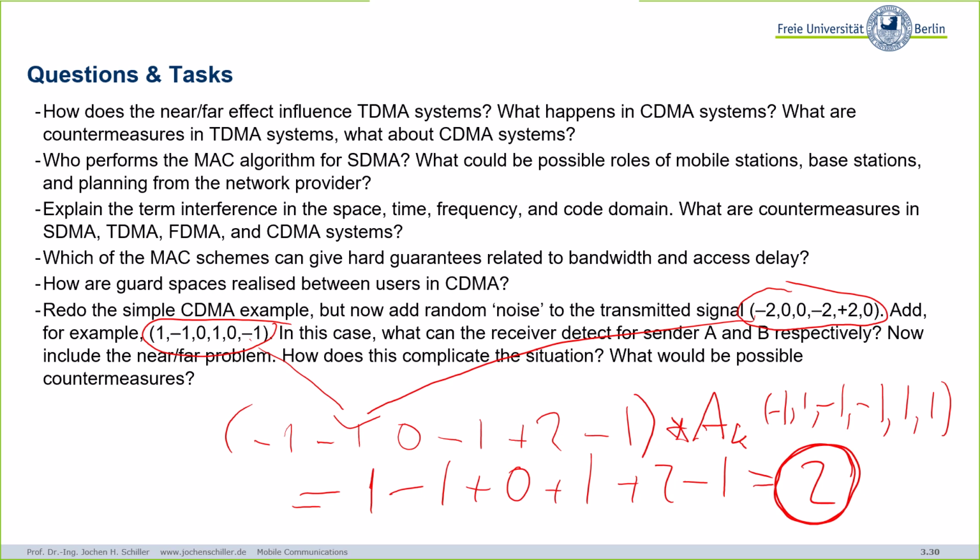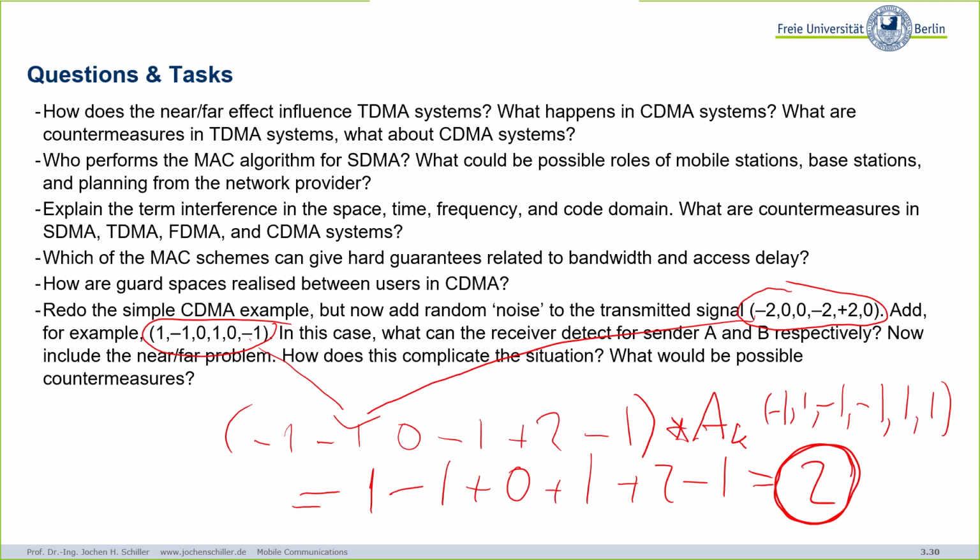In our ideal world, near-far is not a problem because our vectors are really orthogonal. But in the real world, they are not 100% orthogonal. The symbols are not sent in a kind of synchronized pattern. We have a lot of noise, all of this. And this really complicates, and that means you can easily construct situations where one sender drowns out the other and you will not receive the weaker one.